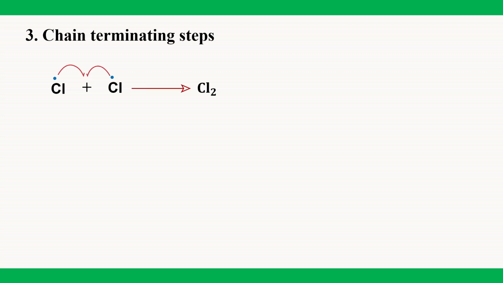chlorine is formed. When a CH3 free radical combines with a CH3 free radical like this, the result is CH3CH3 or C2H6.